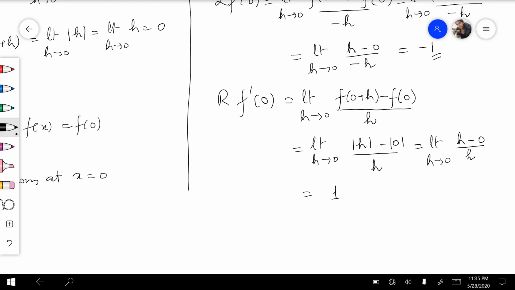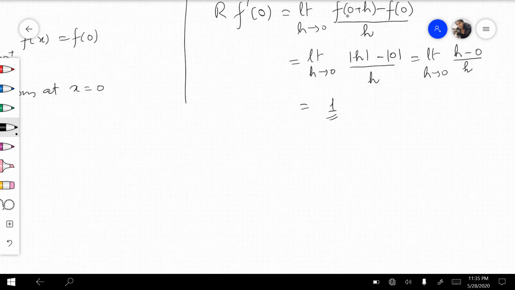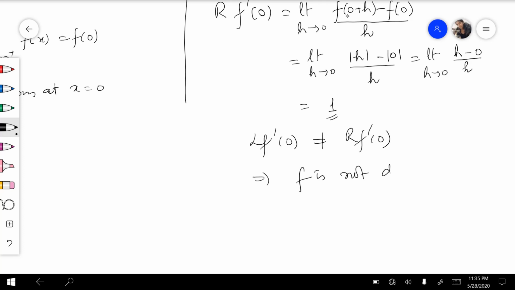Left hand derivative हमारे पास क्या आया था? -1. Right hand derivative +1. That means they are not equal, which implies f is not differentiable at x equals to 0.